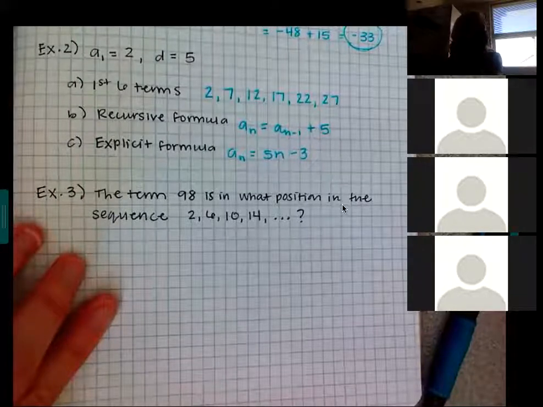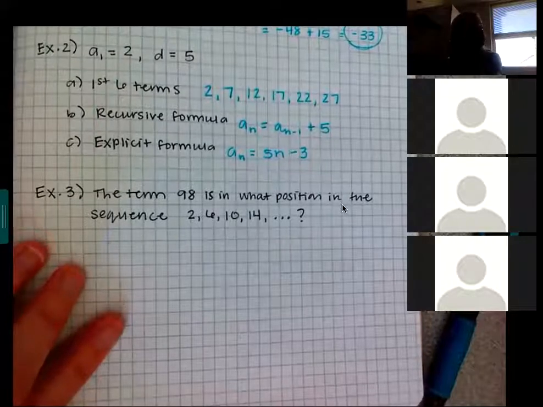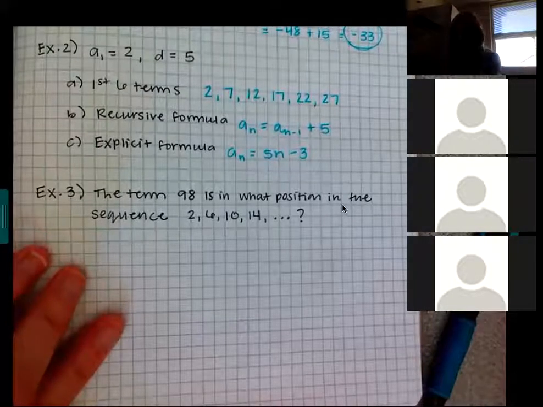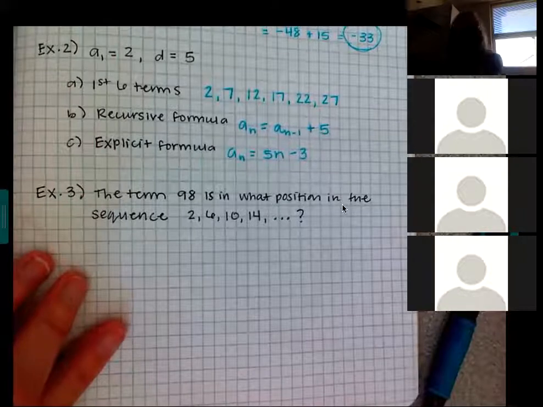I think I got some of y'all already starting. So if you're already starting, what are you doing? Give me some ideas how we could find. So I'm asking you what position 98 is in. I'm telling you a term in this sequence is 98. I want to know what term. Is it the 12th, the 10th, the 16th, the 23rd? What could we do to find out?